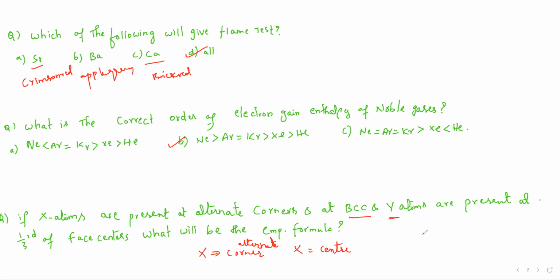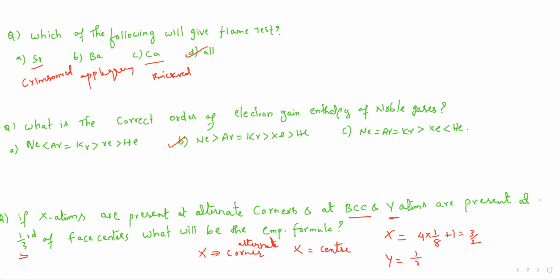So just we can see X is present at corners. So every corner atom shares 1/8 portion of that atom. So that is 4 into 1 by 8 plus 1, which is equal to 3 by 2. So Y will be 1 by third of face centers.